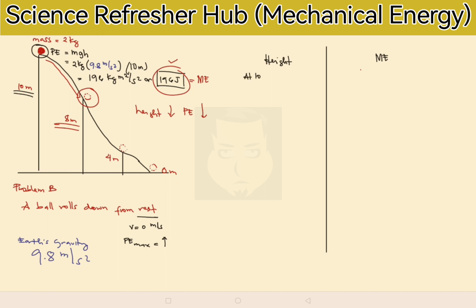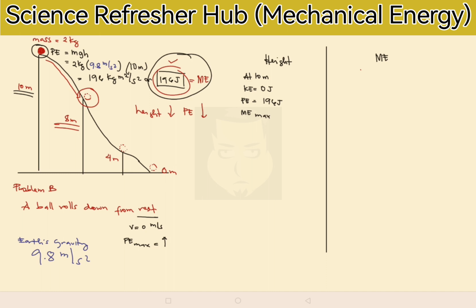So let's say at 10 meters above the ground, KE is 0 joules. So our PE, we solved it already. Here is our answer. It's 196 joules. And that's going to be the maximum mechanical energy. Okay.